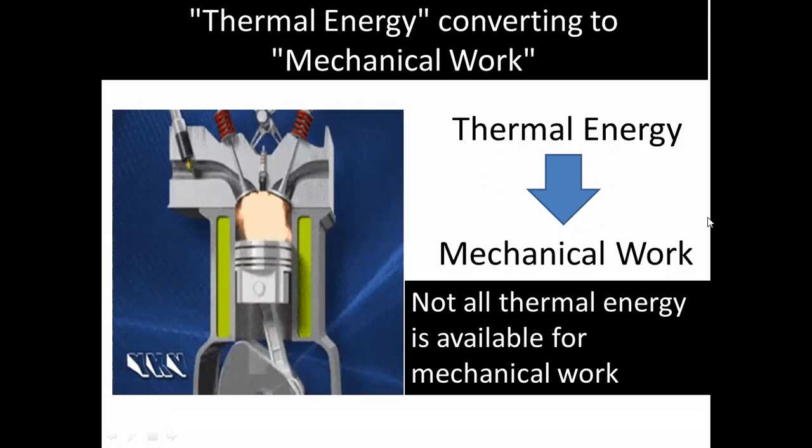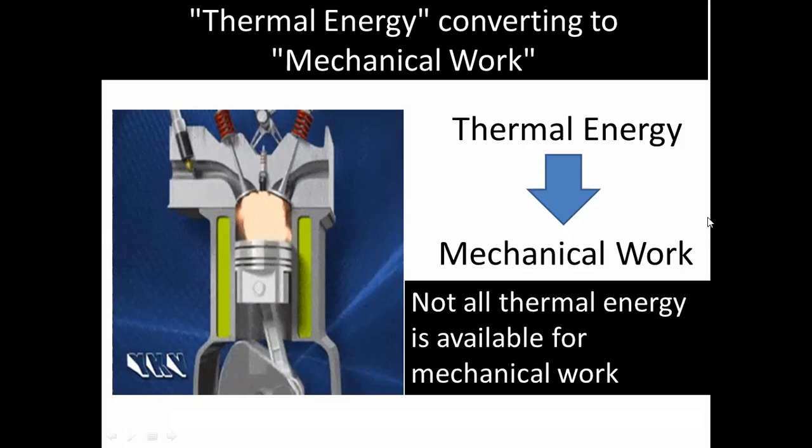One reason is the heat transfer. And the other is when the piston moves, there are frictions, and the piston should move against the friction as well. To overcome this friction, part of the thermal energy is used.